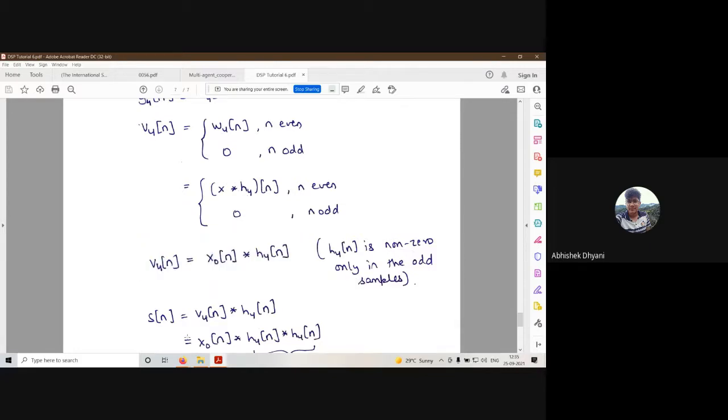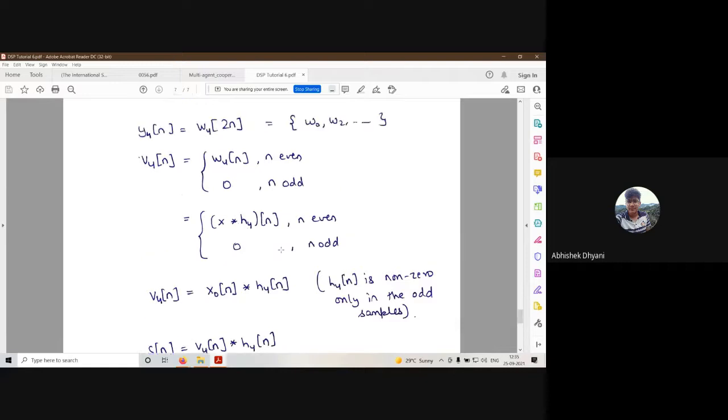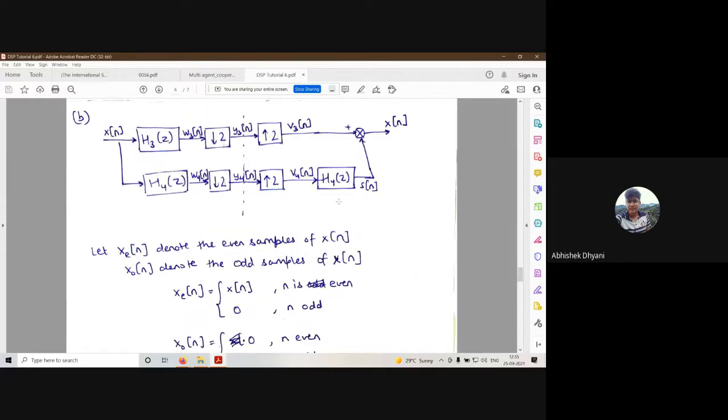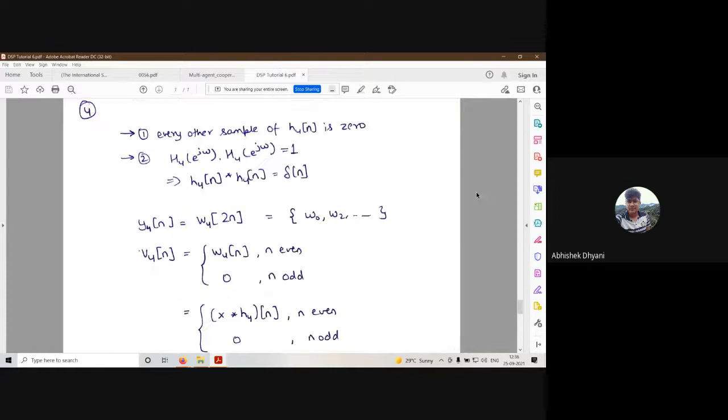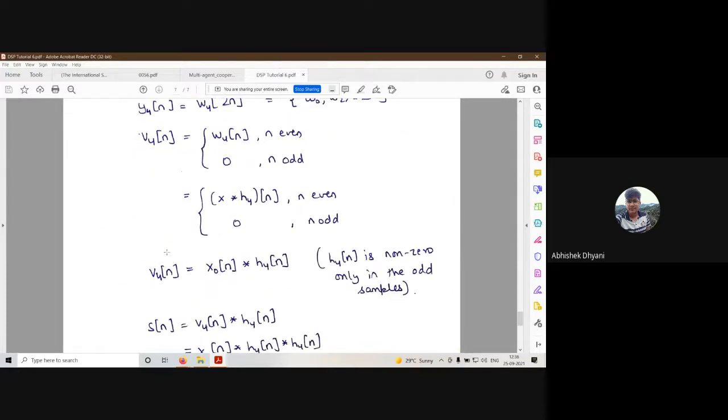And finally, the output, which was S of n, will be the convolution of V4n with H4n, right? So S of n, I will go to the diagram again. S of n is nothing but the convolution of V4n and H4n. So that is this thing.